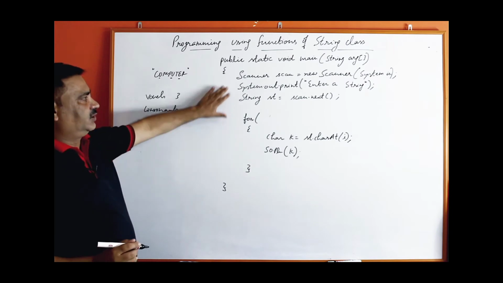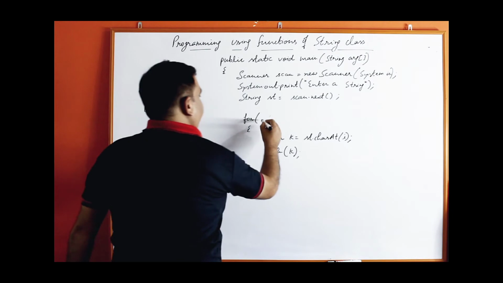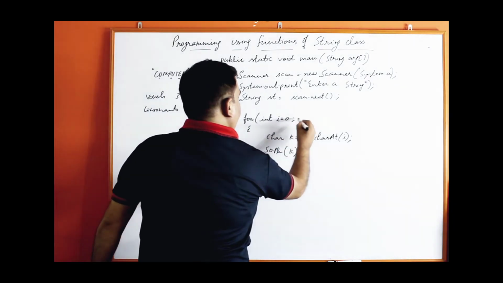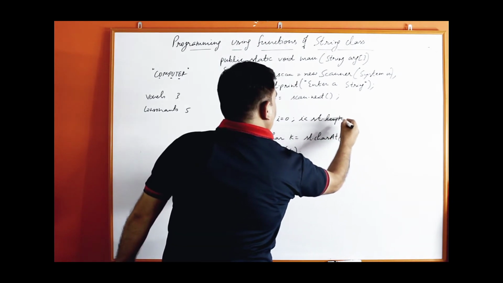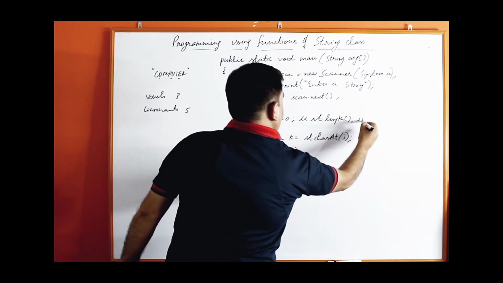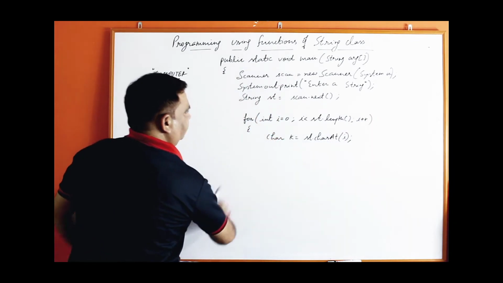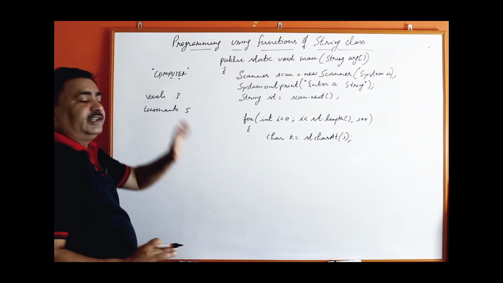So for this, up to here it is the same, you have to input a string. Now make the loop: for int i equal to 0, i is less than st.length. Extract the characters one by one, and you have to check whether each is a vowel or not.